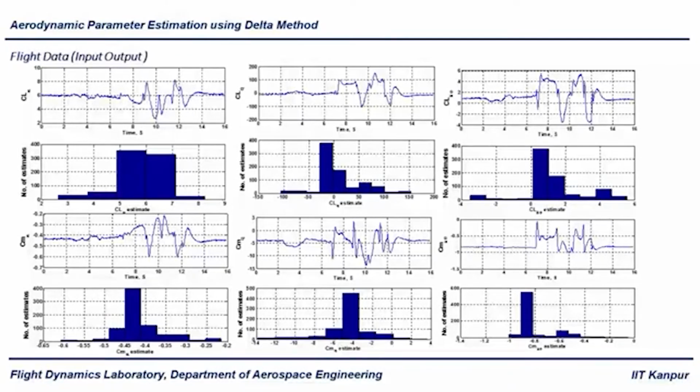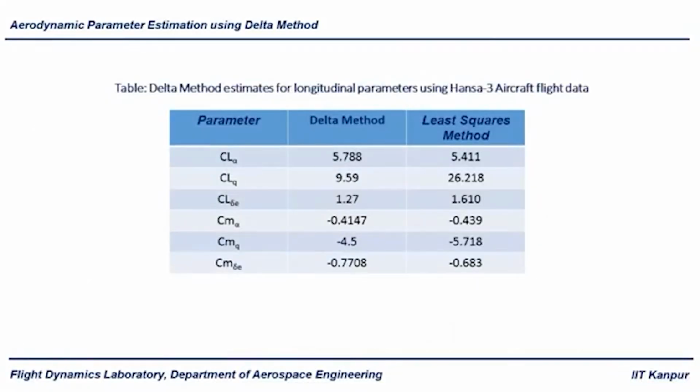You can see all the results are here, and now you can compare this with the results you got earlier using the least square method. These are the results presented here: delta method estimates for longitudinal parameters using HANSA-3 aircraft flight data.